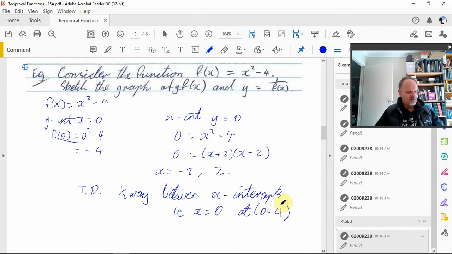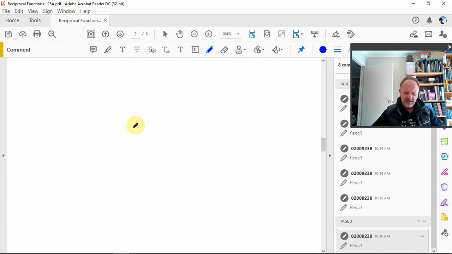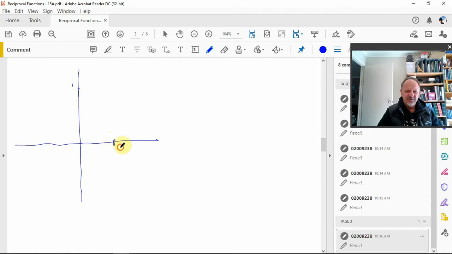All right, so let's sketch that graph. And once I've sketched that graph, we'll have a look at the reciprocal. All right, so if we've got 2 here, we've got minus 2 here. And we've got minus 4 here. And so we know that the graph we're looking at goes around like this.